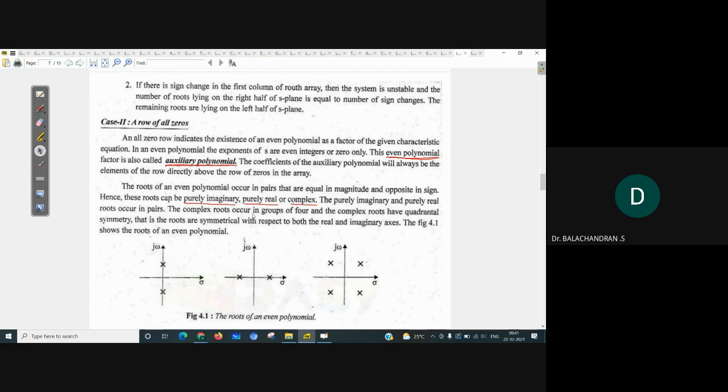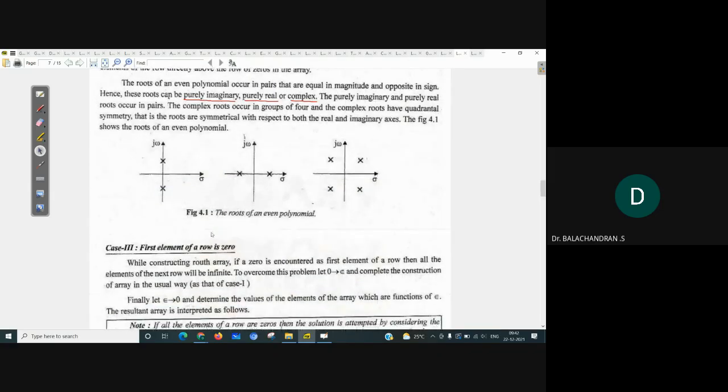The complex roots occur in groups of four, as in the third diagram, and the complex roots have quadrantal symmetry. Quadrantal symmetry means the roots are symmetrical with respect to both the real and imaginary axes. That is the third diagram. Figure 4.1 shows the roots of an even polynomial.